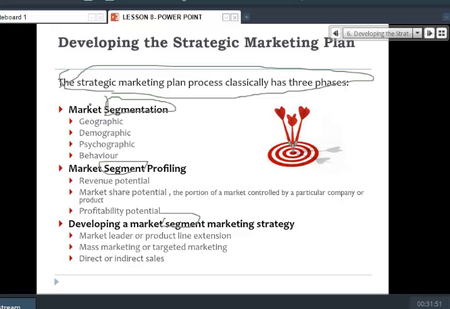When you want to penetrate any segment, any company or any distributing channels, you need to study the market leader.